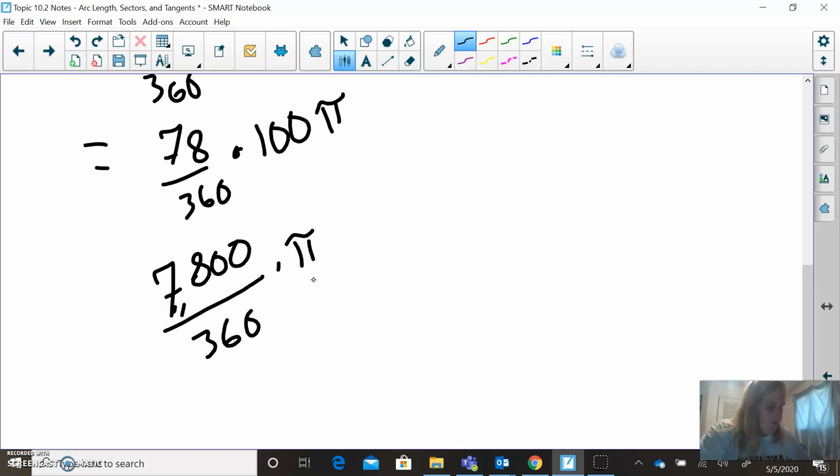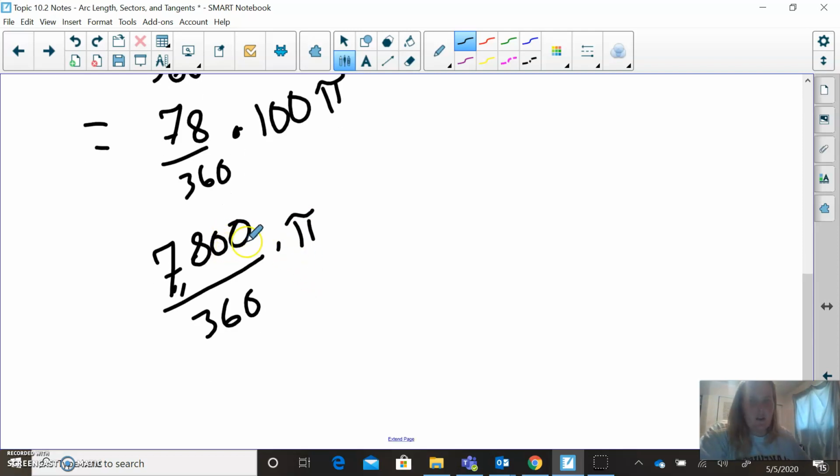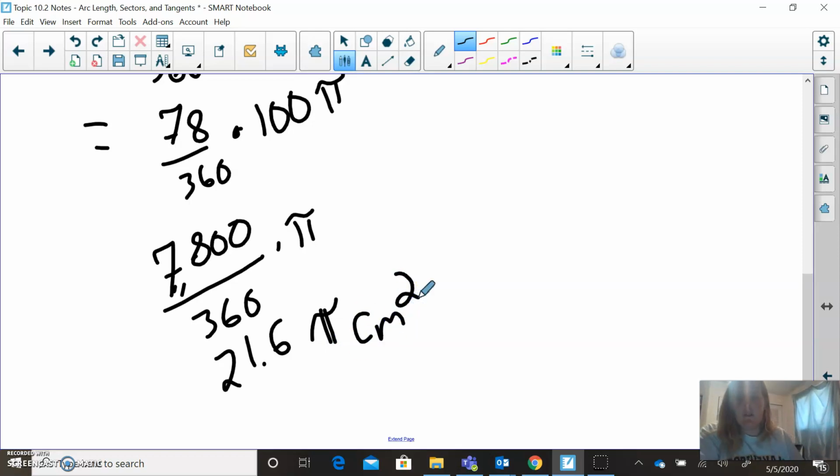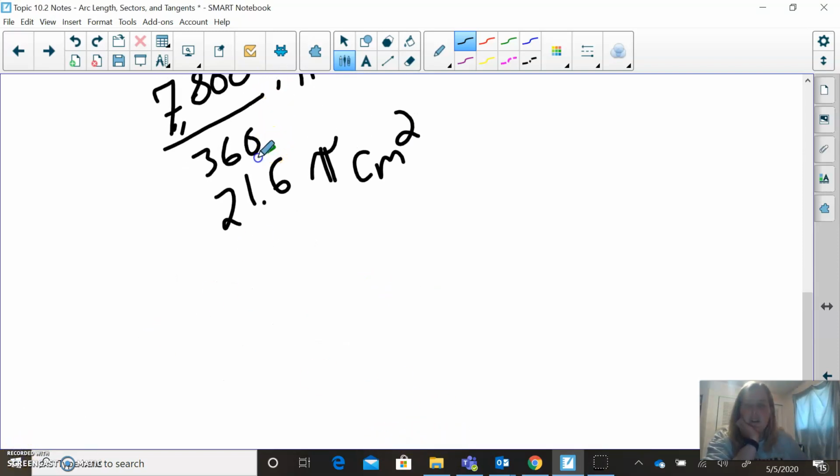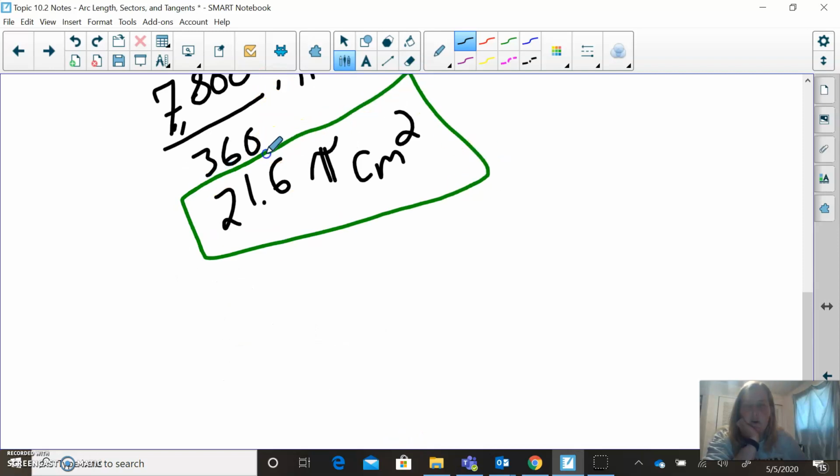And 7,800 divided by 360 is 21.6 pi. But this is also area, so it's centimeters squared. This is a rounded answer.